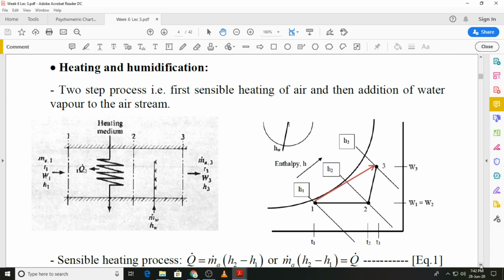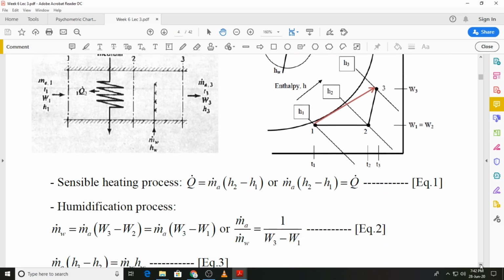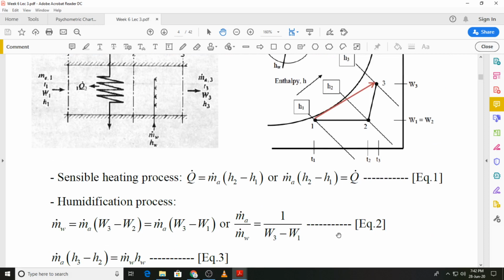The mathematical equations of energy and mass balances are straightforward. If you look at the sensible heating process, the energy content at state 1 will be m dot a times h1, to which we add the rate at which heat is absorbed by the air from the heating coil, that is q dot, and at the end point of the sensible heating process, that is at state 2, the energy content will be m dot a times h2.